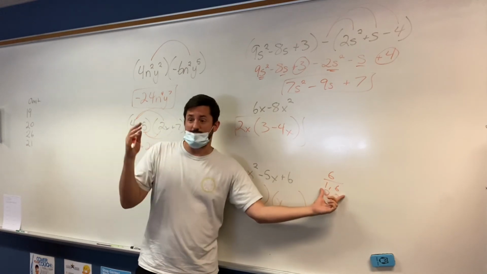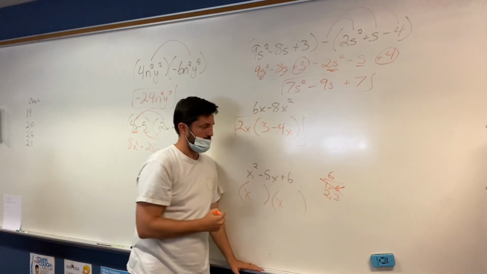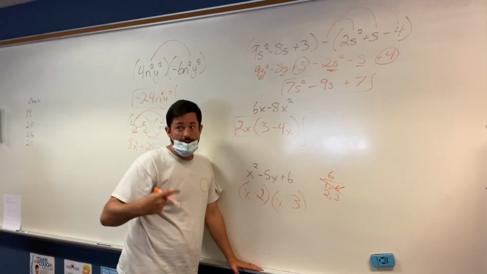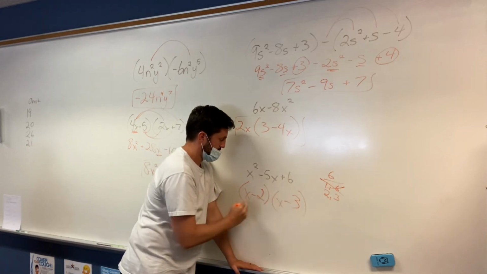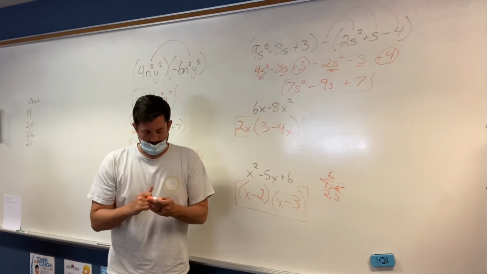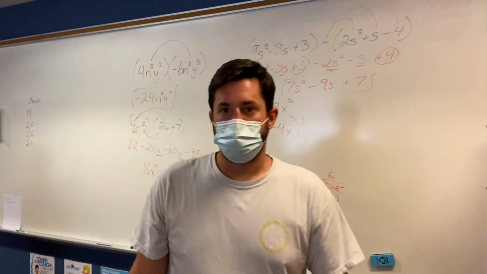So if they were the same, they'd be a 7, or if they were the same negatively, that'd be a negative 7. So this one actually does not work. So I know it's a 2 and a 3, right? And they have to be the same sign because I know this. And what sign do they have to be, of course, then? Okay, cool. That's it. That is the big picture. Get ready for that test.